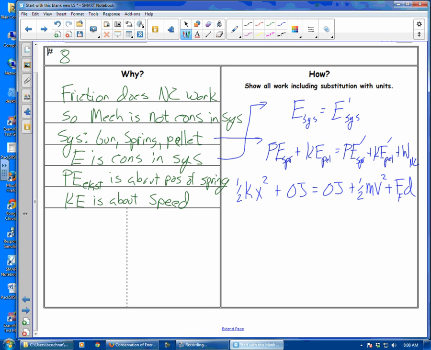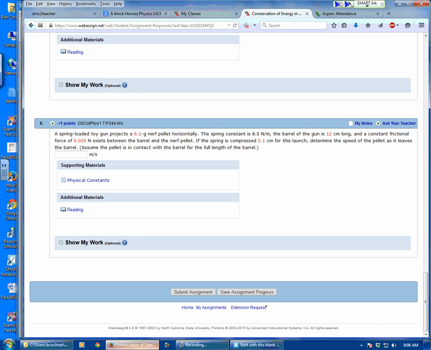So I believe they give me K. I believe they give me X, right? Let's see. Spring, okay, they give me the mass, the inertia of the Nerf pellet. It's in grams though. Should I use it in grams? No, convert it to kilograms. There's my spring constant, K: 8.5 newtons per meter. The barrel of the gun is this long, so that's the distance that my frictional force can act on it. But I need to convert that to meters.